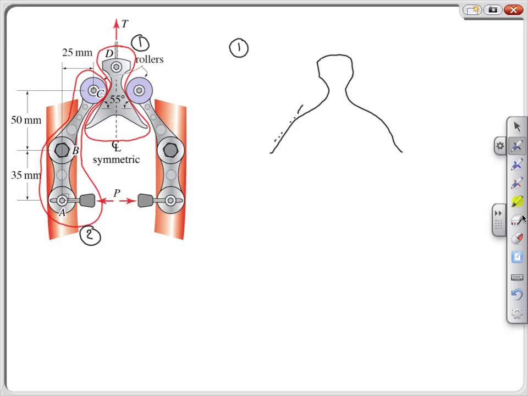Our contact with the rollers are making these angles of 55 degrees with the horizontal.